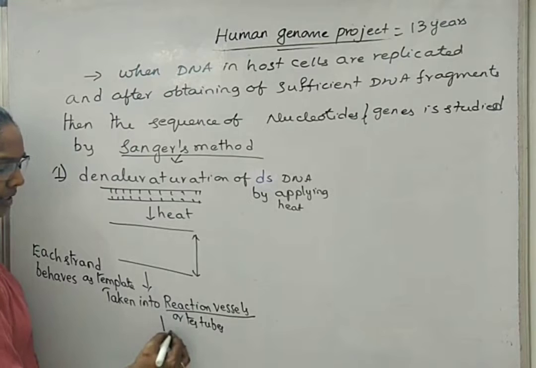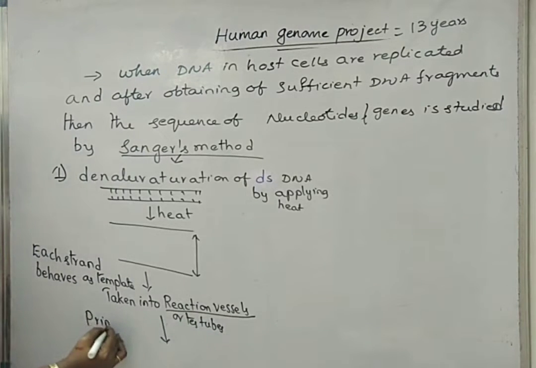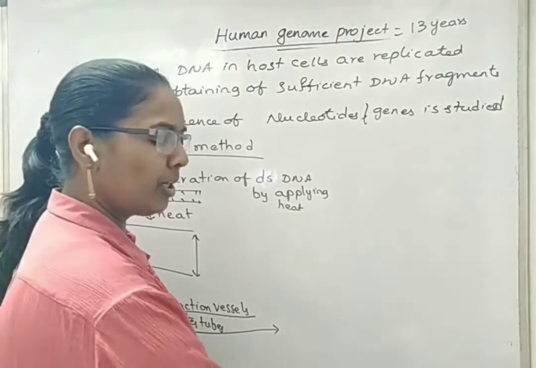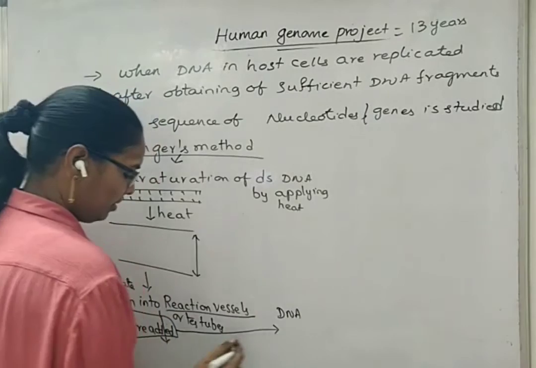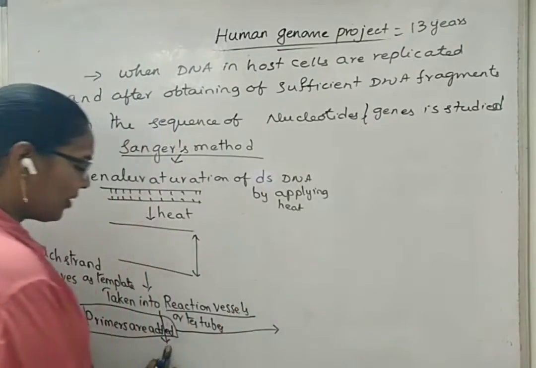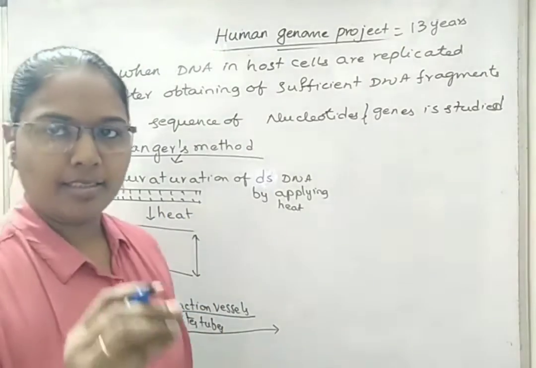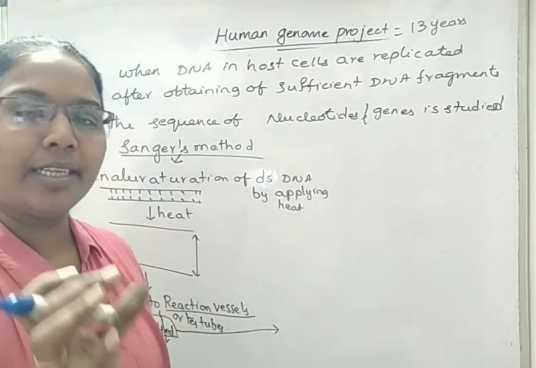After taking into the reaction vessel, primers are added, and then DNA polymerase is also added. The total DNA plus primer is then equally distributed into 4 different test tubes.